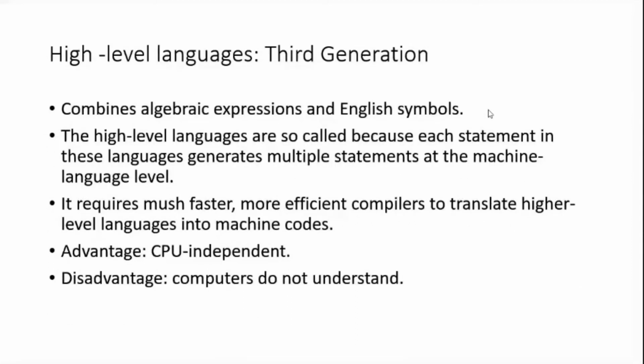And the third generation, or high-level languages. It combines algebraic expressions and English symbols. So for addition, you don't have to give ADD or some code like that. Instead, you can directly write a plus for addition, minus for subtraction, etc. The high-level languages are called so because each statement in this language generates multiple statements at the machine language level.